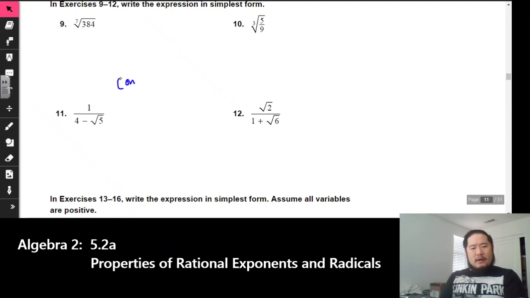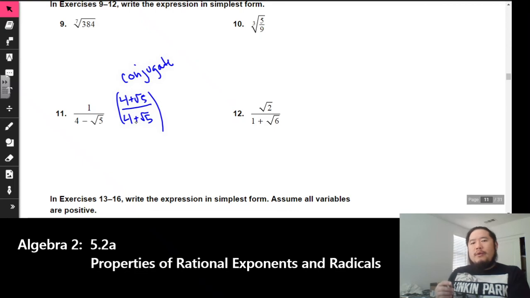So right here, let's remember the conjugate. And so we have ourselves 4 plus rad 5, both in our numerator and denominator. Okay. Remember, the beauty of this is that when you multiply by the conjugate, when we have radical expressions, the outer and inner terms cancel.